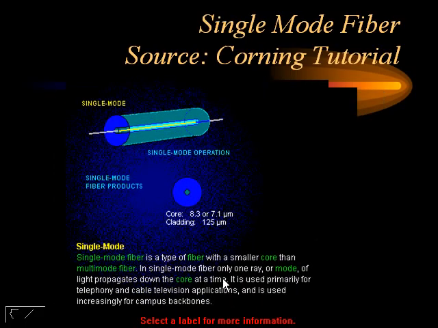Here is an example that shows the single mode type of transmission in the case of optical transmission. This, as we learned earlier, is more sophisticated and more advanced compared to the multi-mode transmission mode. It may also be noted that for single mode transmission, the fiber cables that are used will have smaller cores compared to multi-mode fibers.